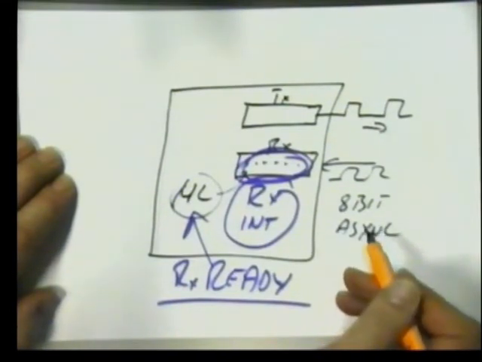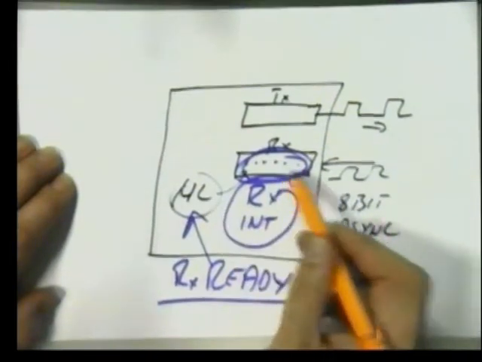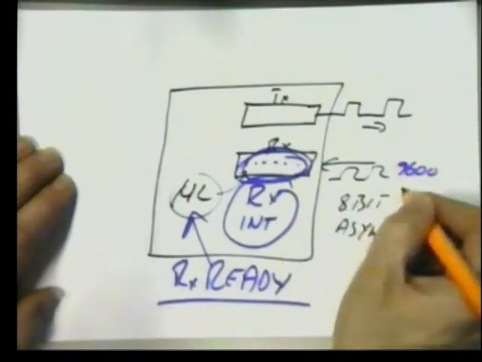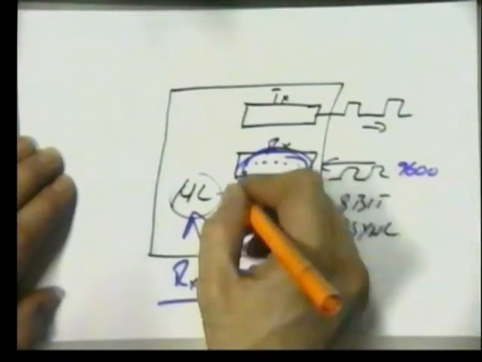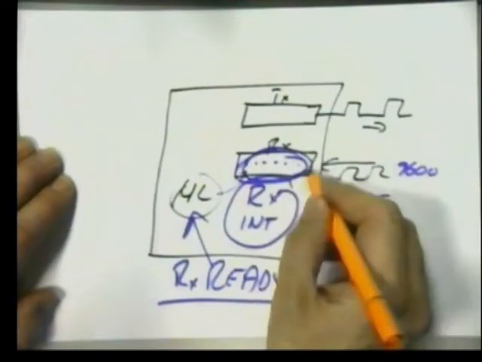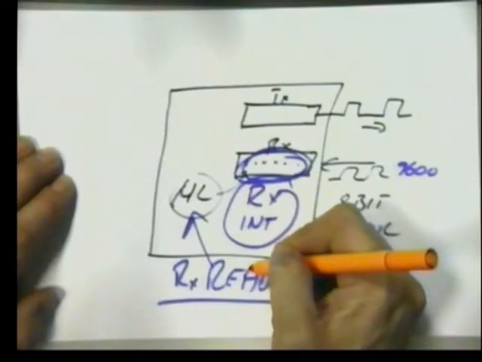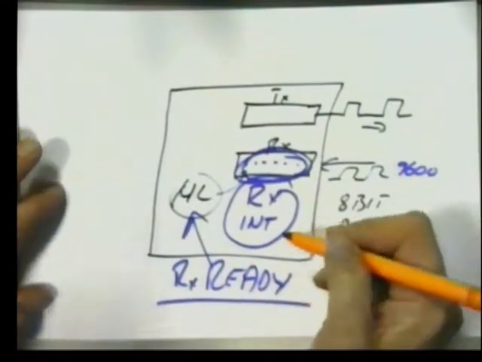But that means that we're relieved of the task of handling the very slow, let's say 9600 bits per second, serial communications task. We don't need to grab each individual bit. It's happened automatically for us, and only when the whole character has arrived are we told by a receiver ready. That's a very nice task because it means we can get on with our job, and we know that if somebody wants to talk to us, either a supervisor or another computer, we receive an interrupt, a signal to say some data's arrived, service me.